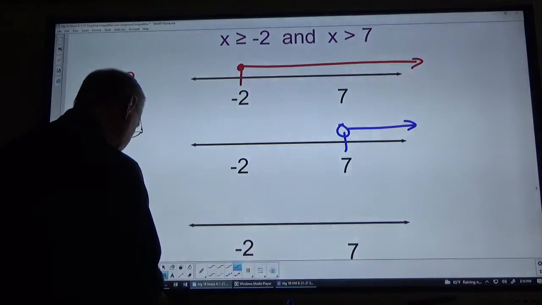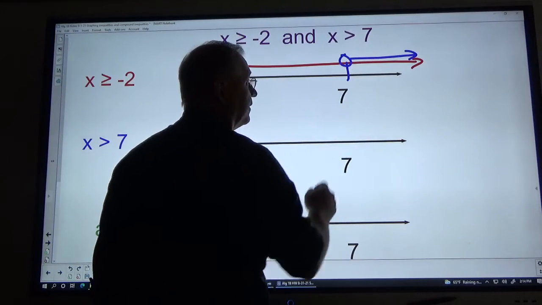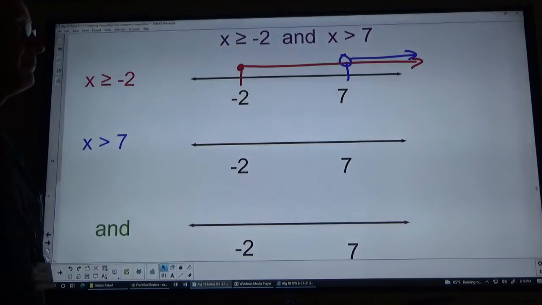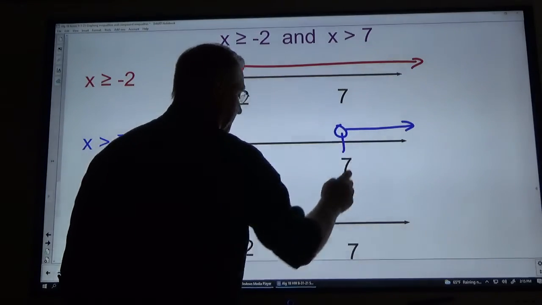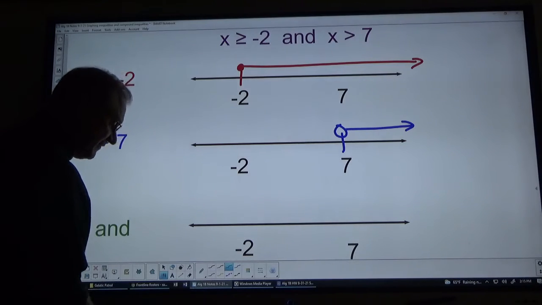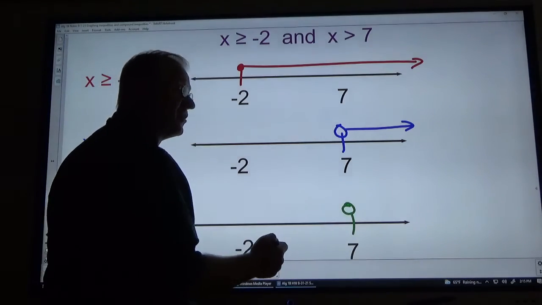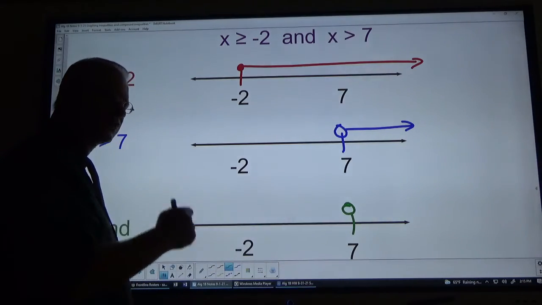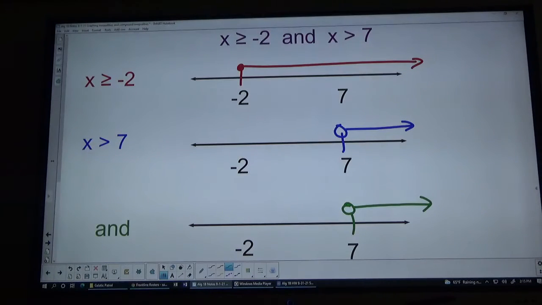In fact, if I move this up so you can compare it, you can see the only overlap is above 7. I'll move that back. So therefore, when I go to graph the and graph, the answer graph, it does not include 7 because that's not in both. It has to be in both graphs, but above 7 is in both graphs.